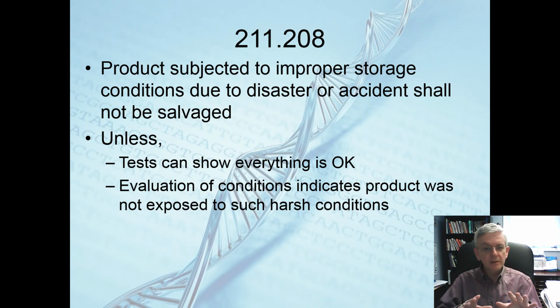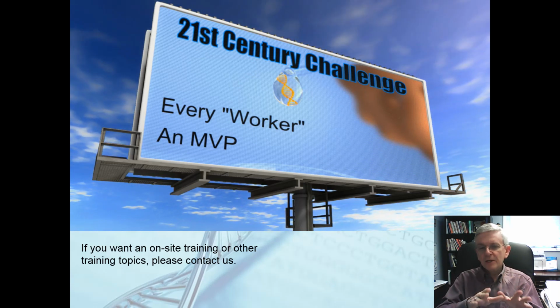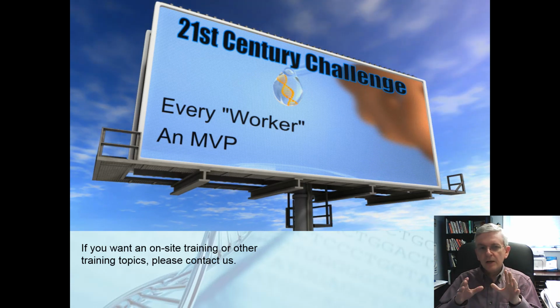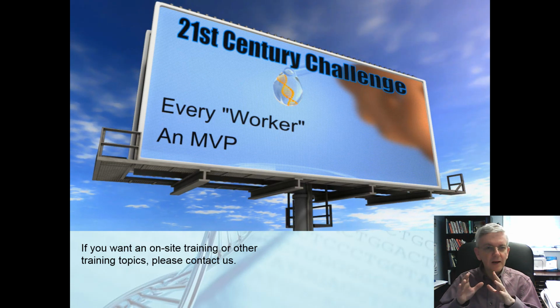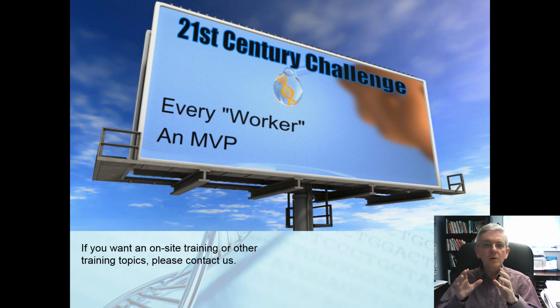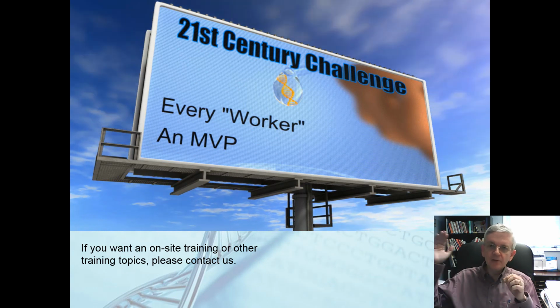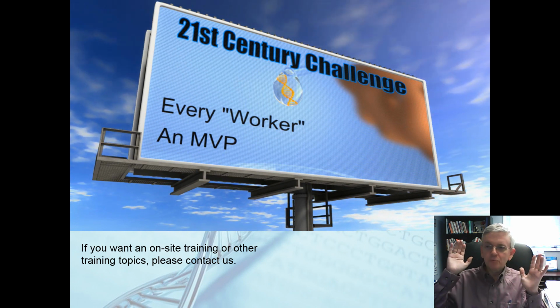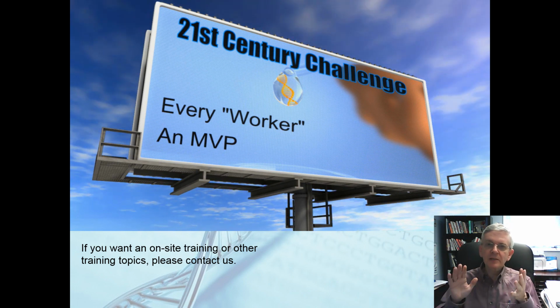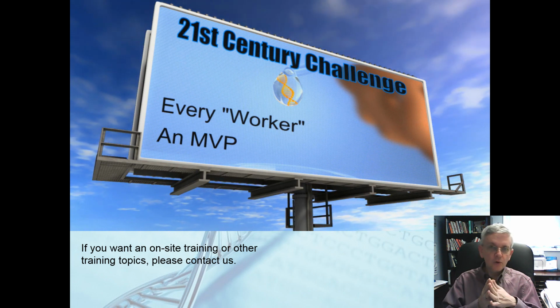With that being said, that's the end of the review of the GMPs. And I present this slide to you to say that the challenge that we have in the 21st century is that every worker, whoever it may be, from the executive to a janitor, to a person who cleans the area, we're all MVP workers.